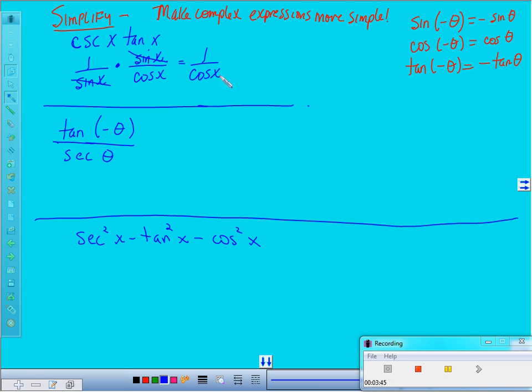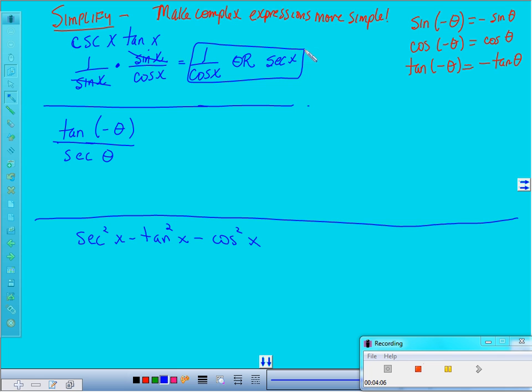I consider that an acceptable answer. However, the book may go one step farther, and you'll notice that 1 over cosine of x is identity number 2. And so you can change 1 over cosine into secant. And so I would actually consider either one of those a simplified acceptable answer.